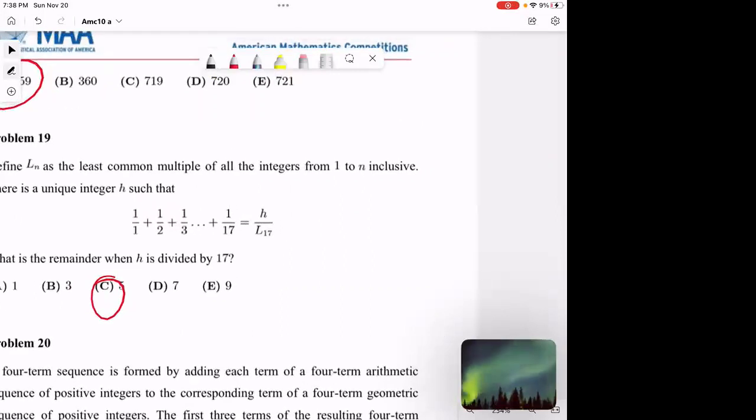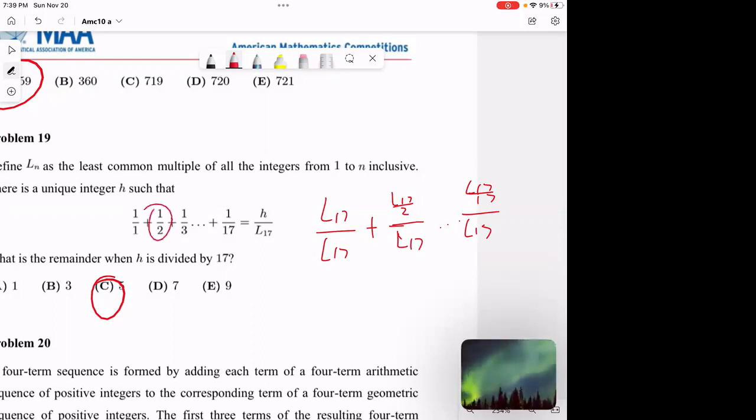So for this question, 1 over 1 is equal to L17 over L17. 1 over 2 would be L of 17 over 2 over L of 17. And then we have the same thing all the way to L of 17 over 17 over L of 17. Does that make sense?